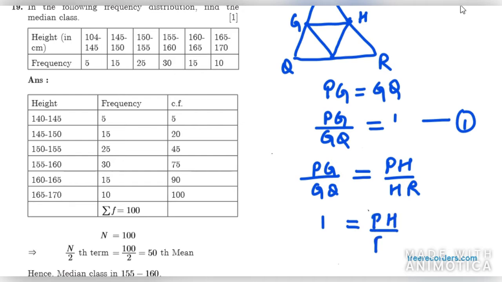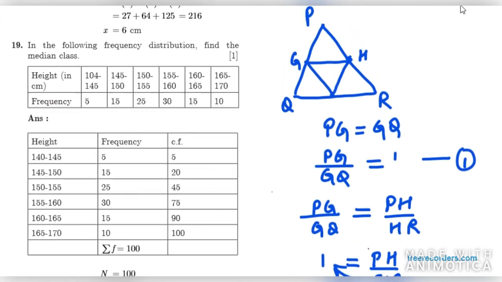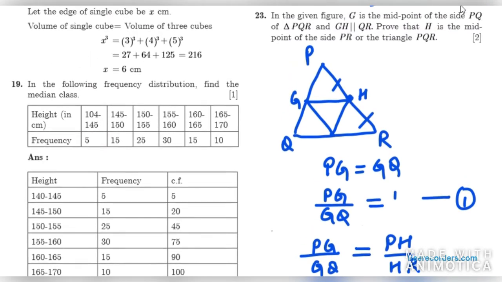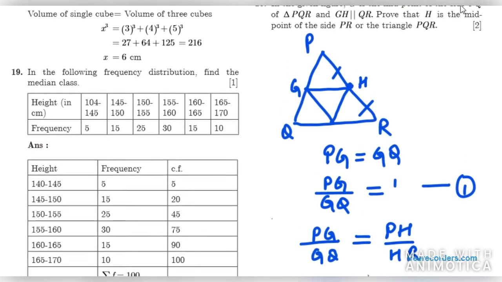So 1 equals PH over HR. Now we can take this HR over here. So 1 times HR will be HR only. So HR equals PH. That means if they are equal in size, H is the midpoint of PR. As we have proved that PH is equal to HR, therefore we can say that H is the midpoint of PR. So that's what we need to prove in this question.